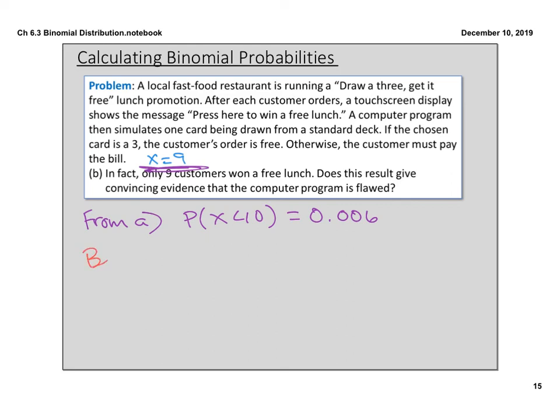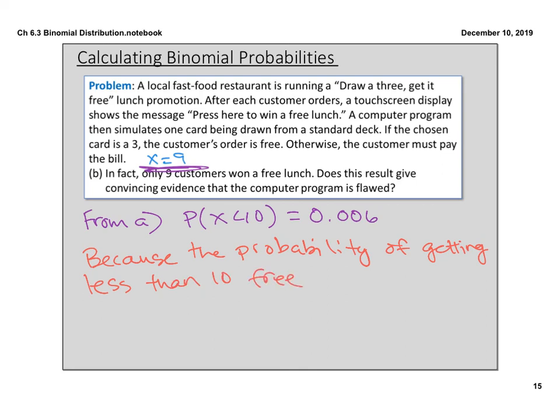So because the probability of getting less than 10 is so low, and you can even say what it is, 0.006, we have convincing evidence.